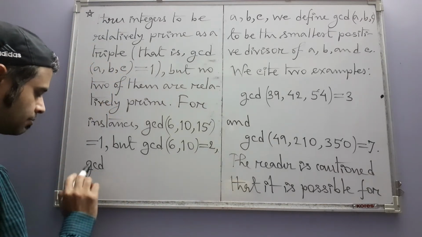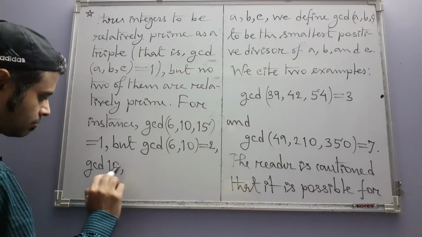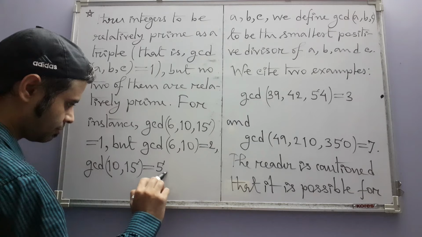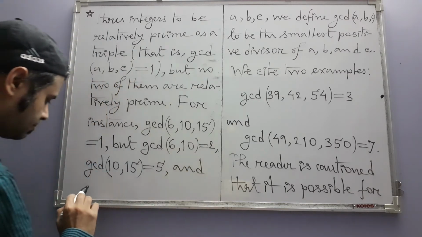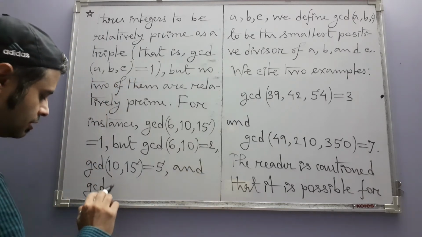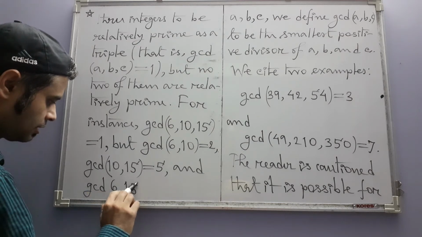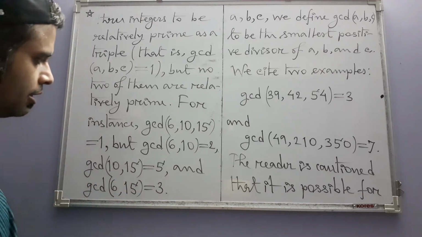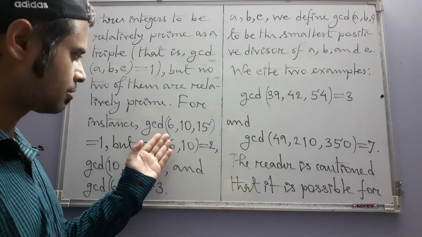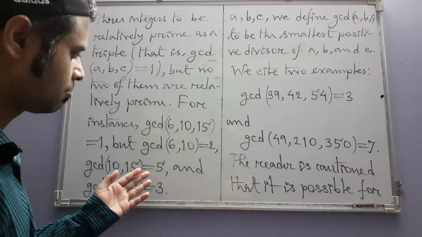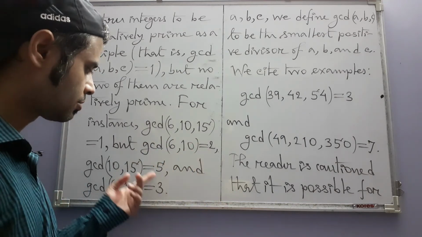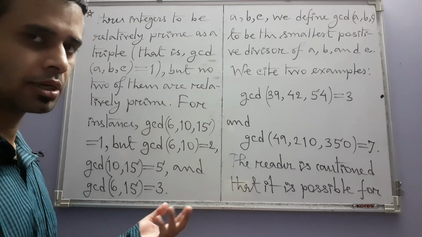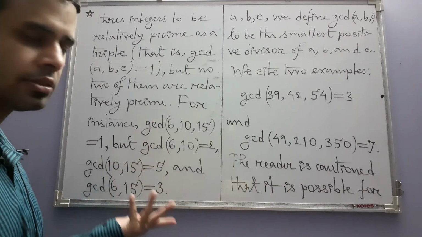It's not 1. GCD of 10 and 15 is 5, and GCD of 6 and 15 is 3. From these GCDs, actually you can see how the author came up with these integers. What he did is that he took three distinct primes and then took their products, two at a time. So that will create this situation.